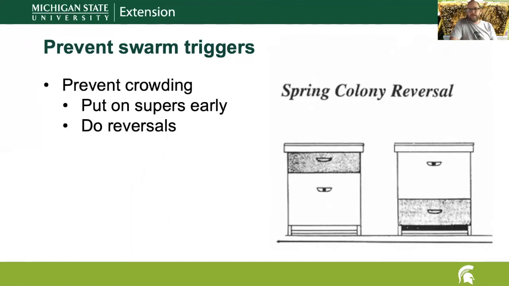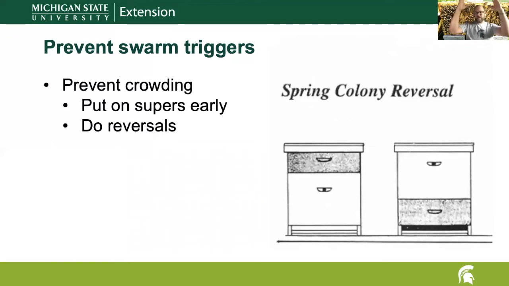One thing to keep in mind is that over the course of the winter, that colony, as a cluster, is moving up in the hive, feeding on honey stores that are above the cluster. So by the end of the winter, you have a cluster that has gone through, say, 2 or 3 boxes of honey. That cluster is now at the top of the hive body stack.